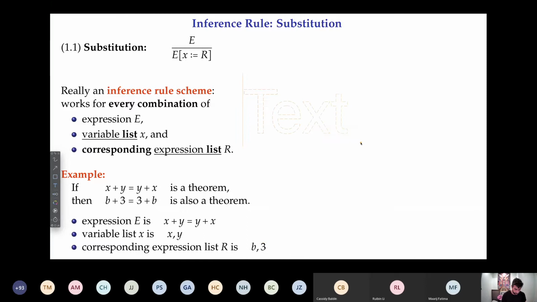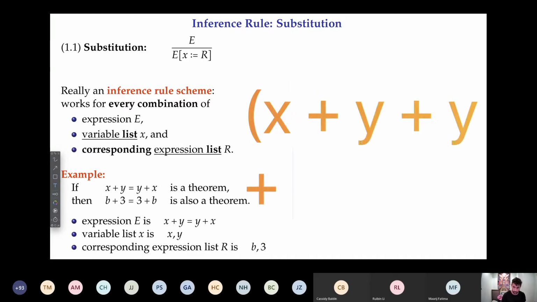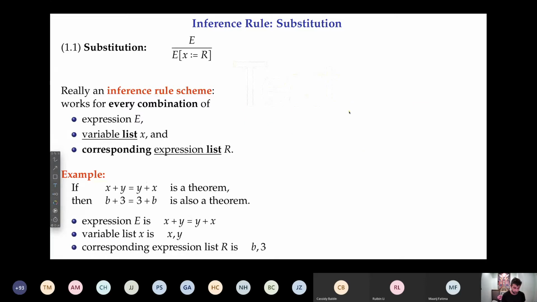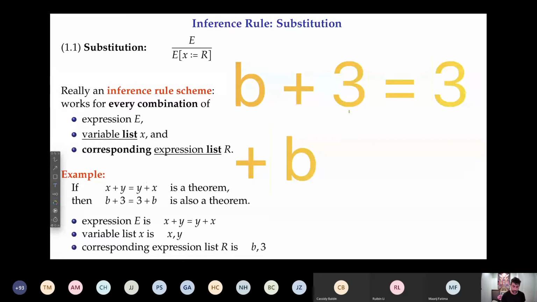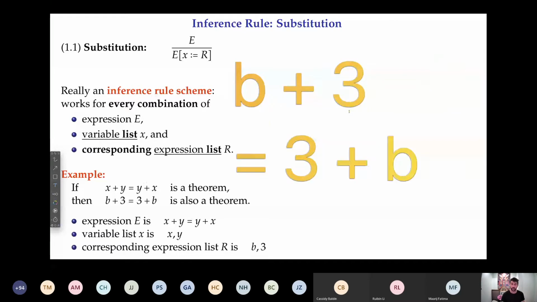If I have X plus Y equals Y plus X, then when I do the substitution, the theorem I get is B plus 3 equals 3 plus B. Nothing terribly difficult, but the fact that I get this as a theorem follows from the symmetry of addition along with substitution.